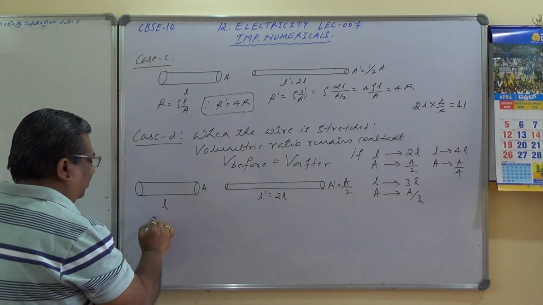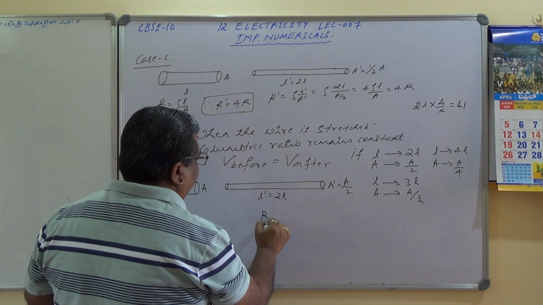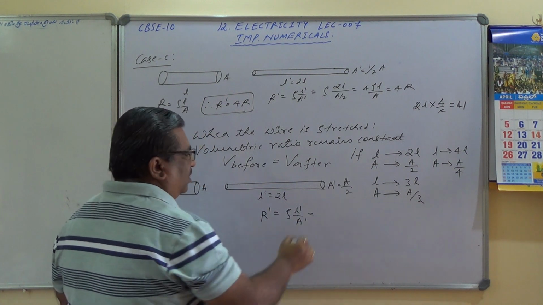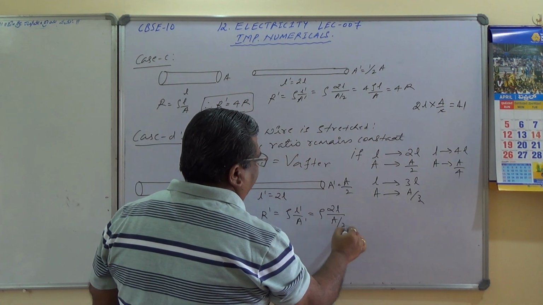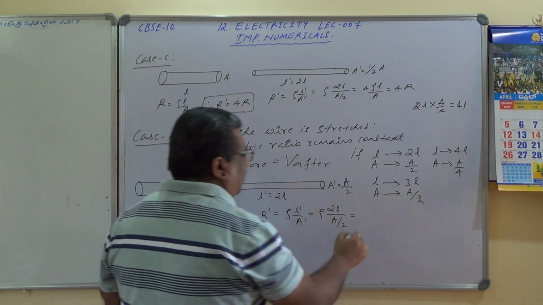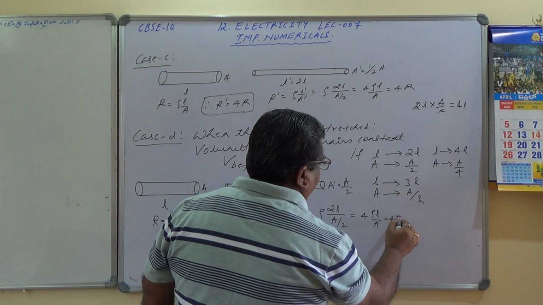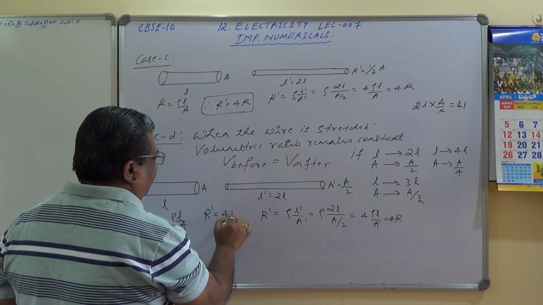So what is R? R equals rho L by A. R dash equals rho L dash by A dash, which is rho times 2L divided by A by 2, which equals 4 times rho L by A, which equals 4 times R, and therefore R dash equals 4R.